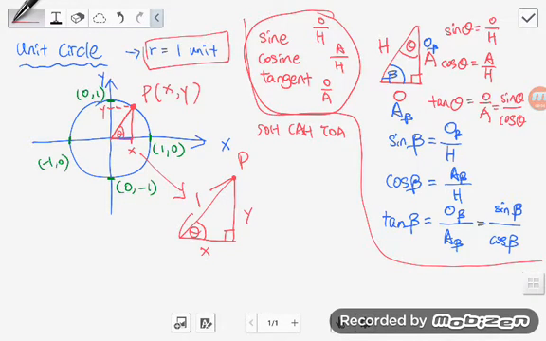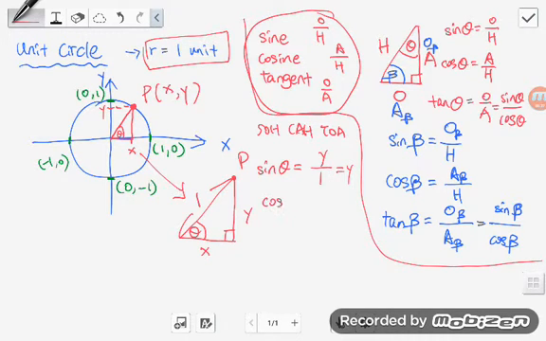So that's 1. Now let me combine the big triangle I have here with my SOHCAHTOA. Sine of theta is equal to my opposite side, which is my y, over 1, which is just equal to y, correct?